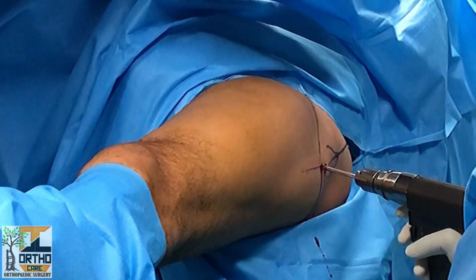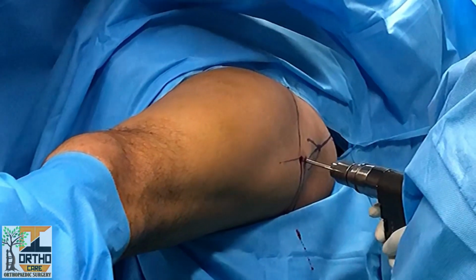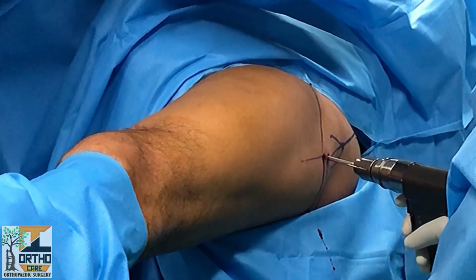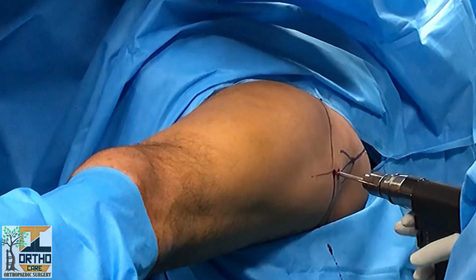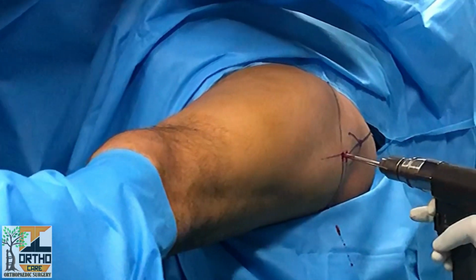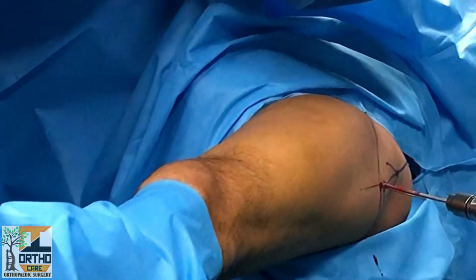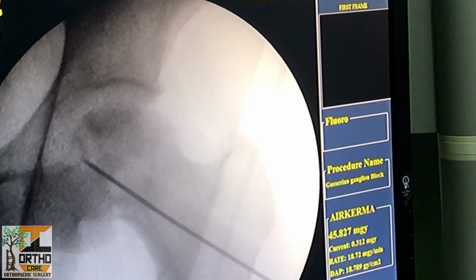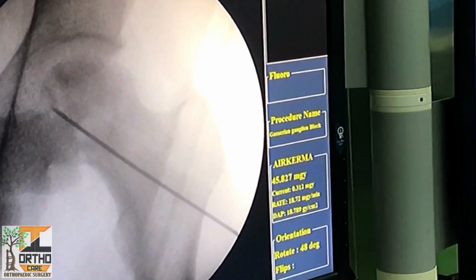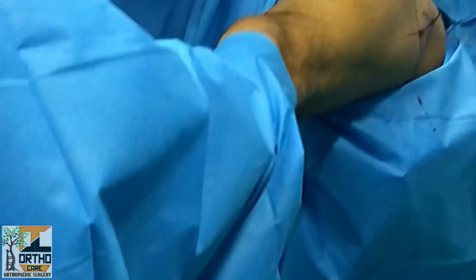So always be gentle, otherwise you will break the drill bit. Proceed till subchondral region. Yeah, as you see it is in AP view, and take out. So nicely drilled canal. Many times the guide wire comes along with the drill bit.